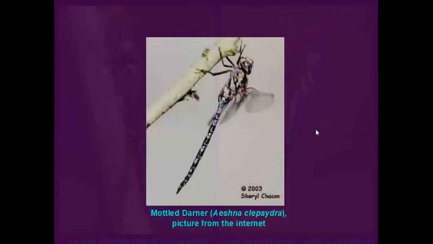And then I'm just skimming through the different species. The mottled darner is found in southern Nova Scotia and southwestern New Brunswick. I've never seen one. So here's a nice picture of one from the internet.